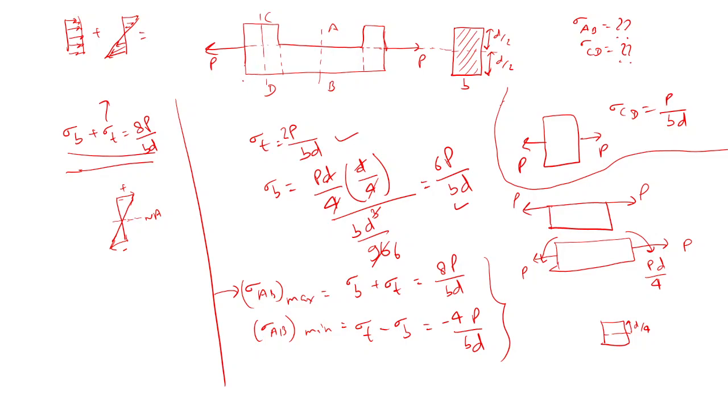Let's suppose this is 1, 2 and 3 and 4. Either 1 2 or 3 4, this would be the case, because the force is acting on the mid part. So the direct stress would be P by BD, because B is this and D is its depth. So this would be the stress.